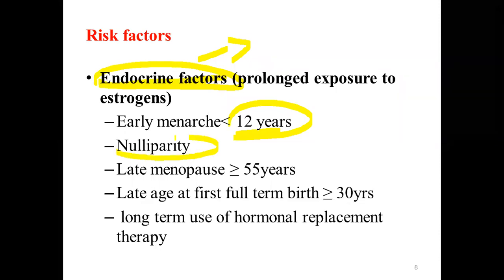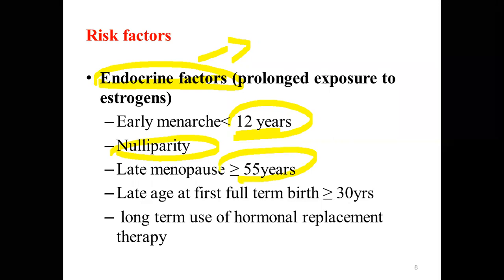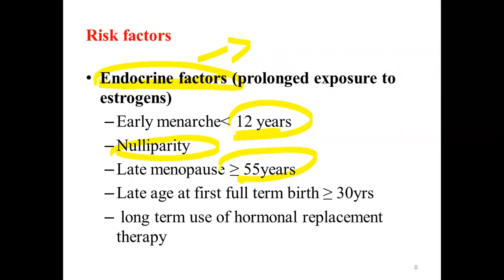Then nulliparity. Nulliparity is related to the level of estrogen. If they are nulliparous, their exposure to estrogen is usually very high. Then late menopause, which is above 55 years; you can imagine the duration of exposure to estrogen. So being female is a risk factor because of endocrine factors.